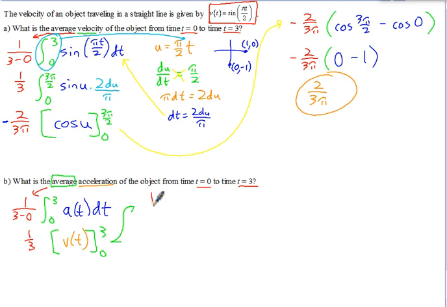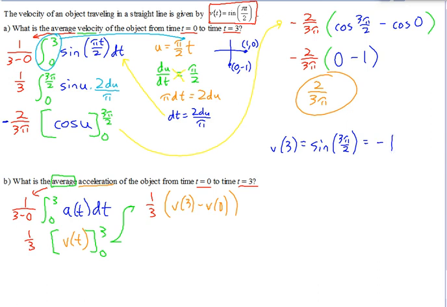So we've got 1/3 on the outside. Then you substitute in the 3. It'd be v of 3 minus substitute 0, v of 0. So now we just need to find v of 3 and v of 0. We can do that because we have the velocity function right here. So v of 3, when you plug in 3 for t, that becomes the sine of 3 pi over 2, which you can see right here is negative 1, the y-coordinate.